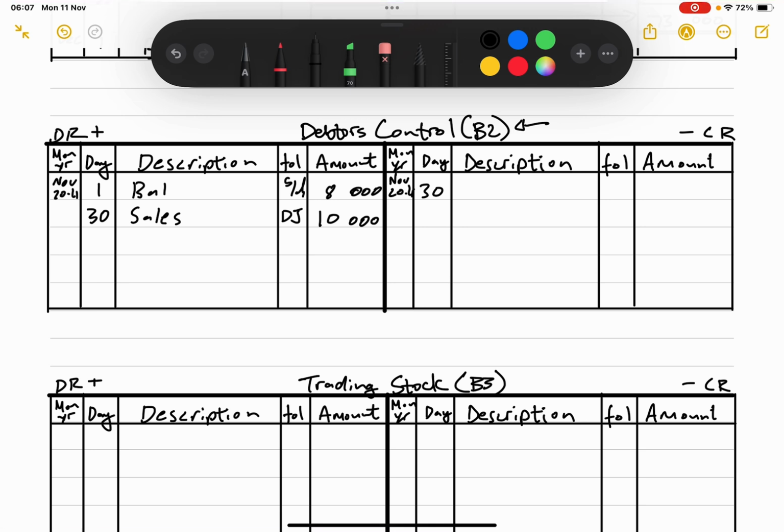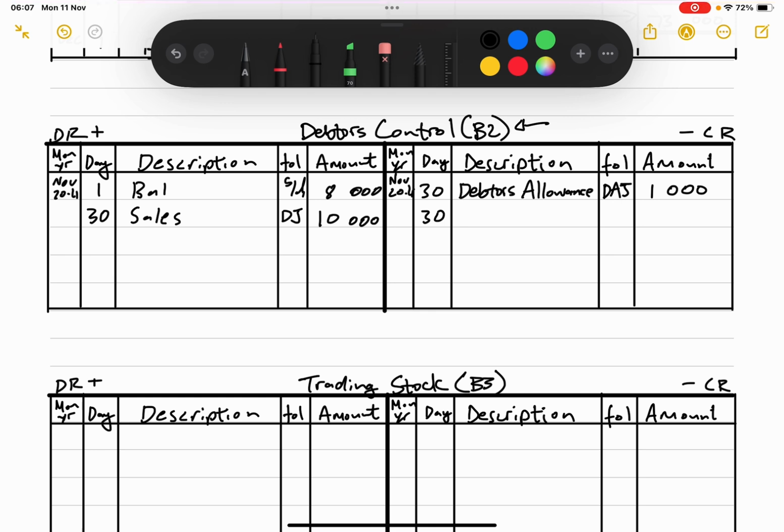So that would be our debtors allowance. For example, from the DAJ, we might have totaled our debtors control column to be 1,000. And then what else could have decreased debtors control is when debtors pay us back.